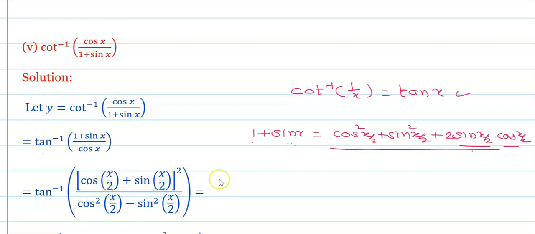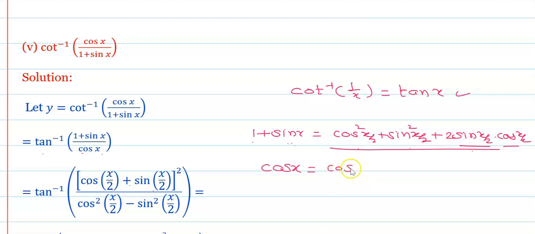Perfect square, see here. Cos of x by 2 plus sin of x by 2 bracket square. Again, what about the cos x? Again, one more result from trigonometry. Cos x is equal to cos of (x by 2 plus x by 2), means cos of x by 2 into cos of x by 2 minus sin of x by 2 into sin of x by 2.